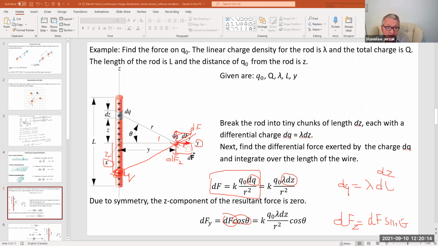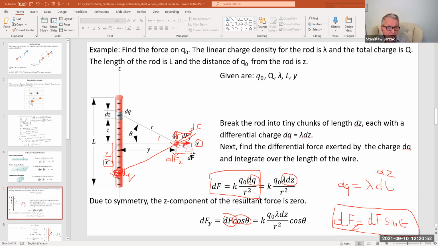So for every element in the upper part of the rod, I can always find an element in the lower part of the rod such that these z components will cancel. So the resultant component of the force will be along the y direction. For that reason, I will not be calculating that z component, because by symmetry, because that charge q0 is on the perpendicular bisector of the rod, the upper part and lower part of the rod will cancel z components.